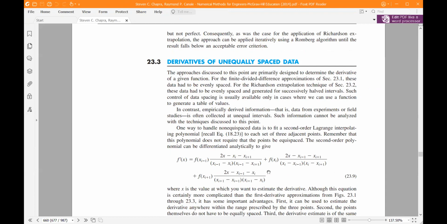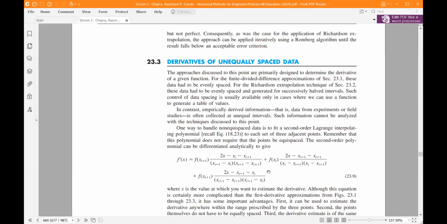Like the Newton divided difference formula, if we take the derivative of Lagrange's interpolation formula, you will obtain this equation, and it can be used to calculate the derivative for any value of x within the data range.